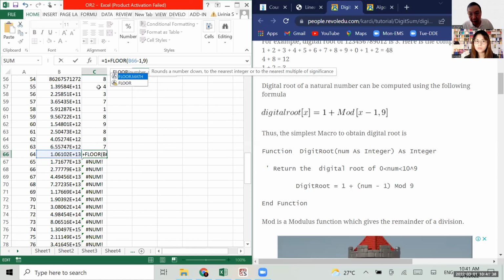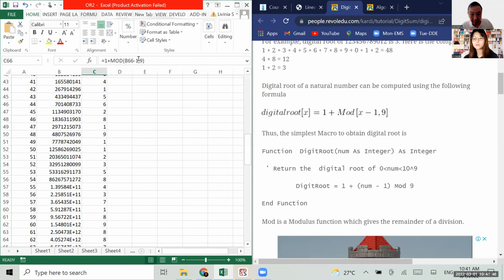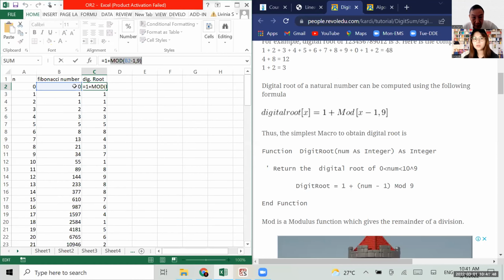That's another formula to compute digital root. Can you see it? So the number minus 9 times the floor of x minus 1 divided by 9.